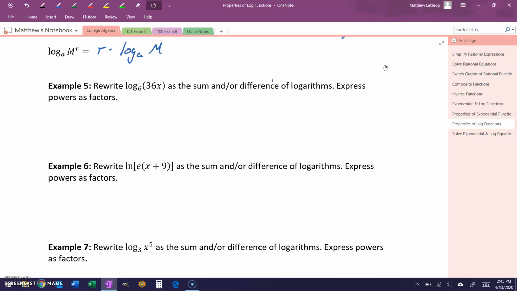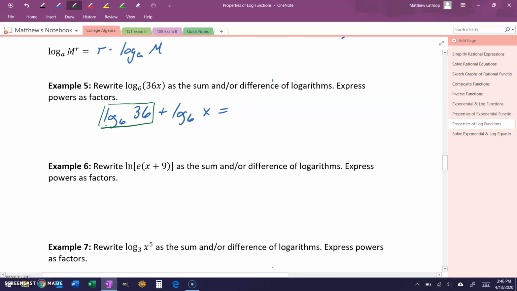In example 5, we want to simply rewrite the log base 6 of 36x as the sum or difference of logarithms. In this case, that means we would get the log base 6 of 36 plus the log base 6 of x. And from there we can simplify one step further because we can look at evaluating the log base 6 of 36.